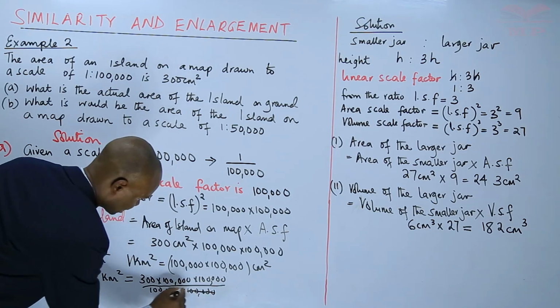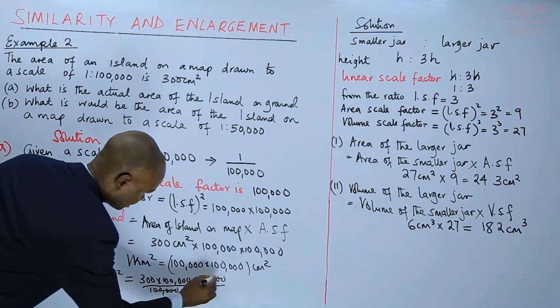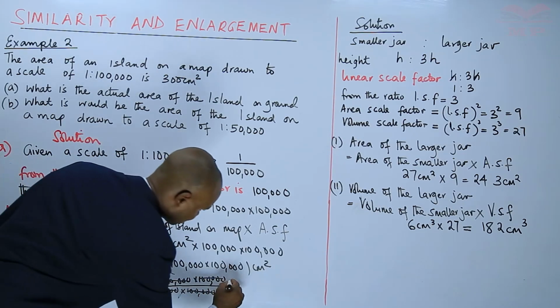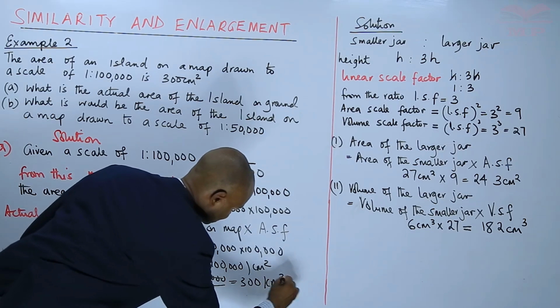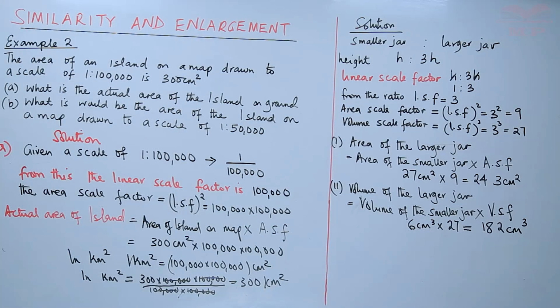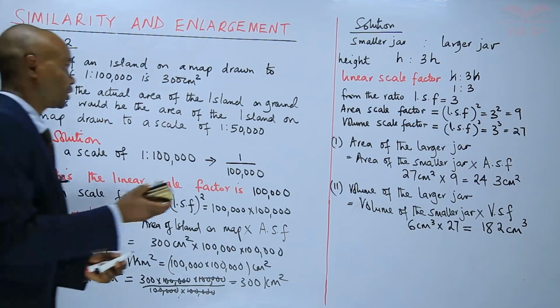That is if you are to work in kilometers squared. This will cancel and we remain with 300 kilometers squared. So that would be the area of the island on the ground. We move to B.